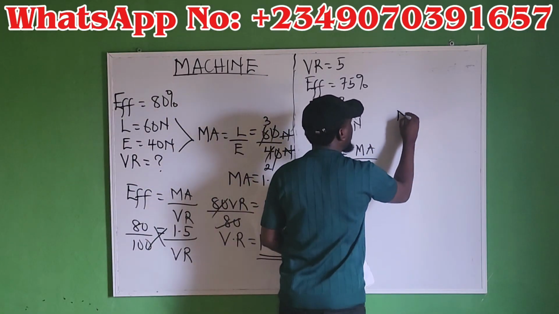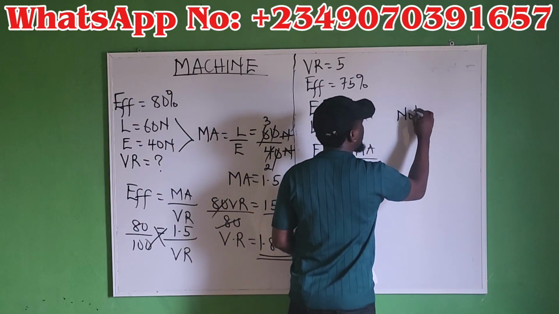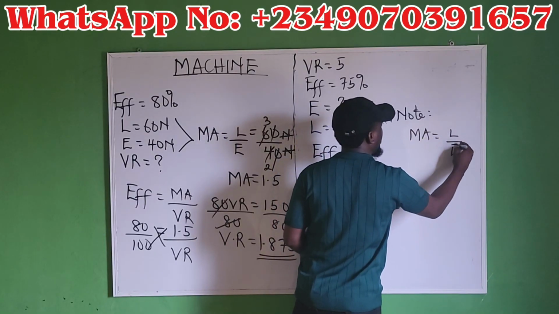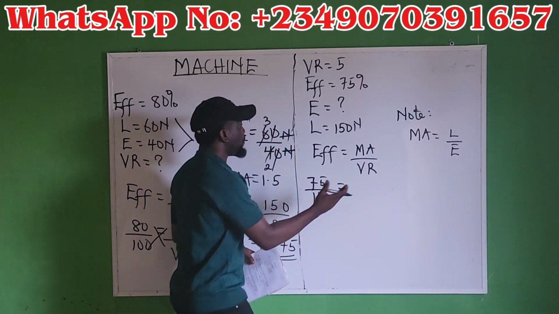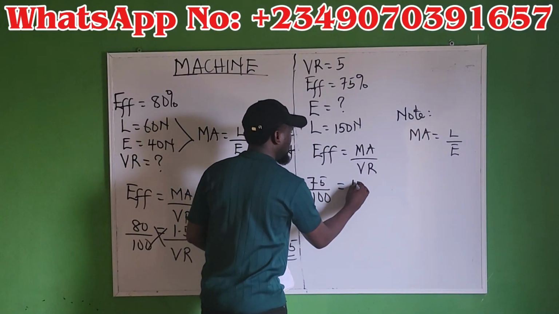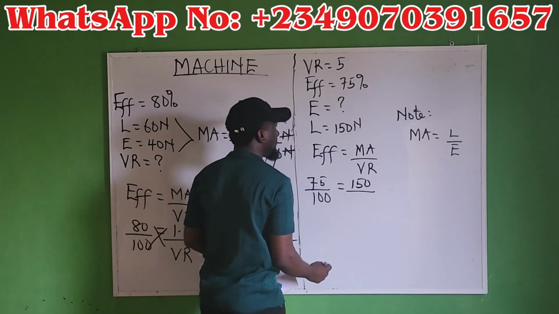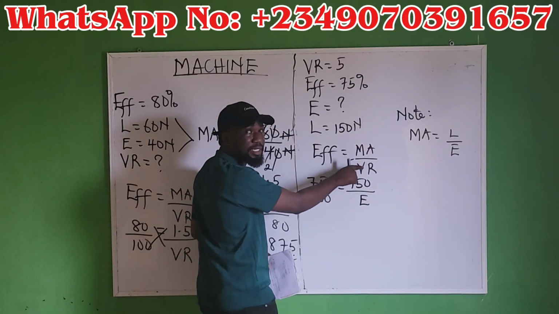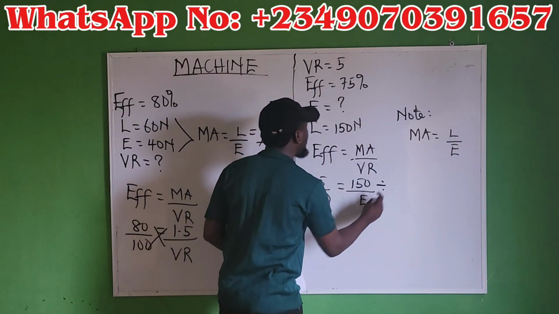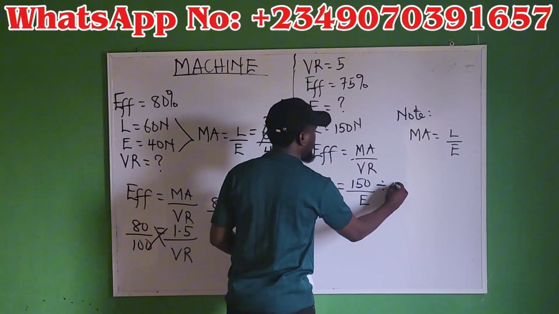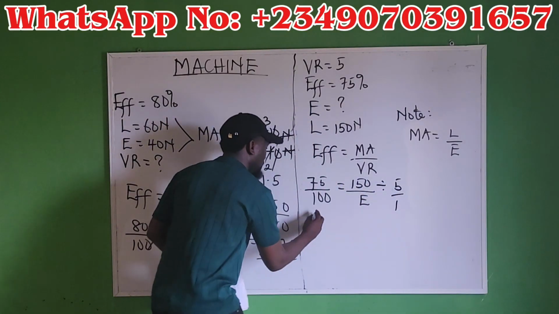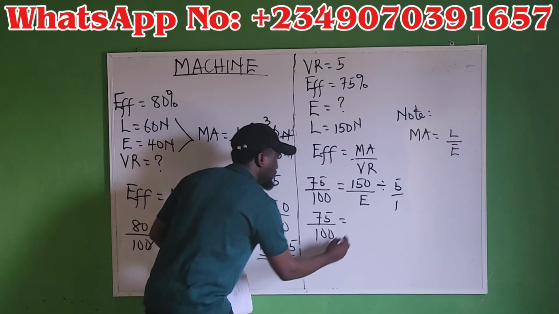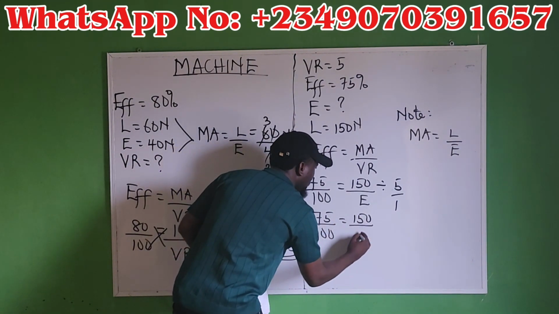Note that mechanical advantage is load over effort. Load is 150 Newton, divided by effort, which we are looking for, then divided by the velocity ratio, which is 5. So this will give us 75 over 100 is equal to 150 divided by E, divided by 5.